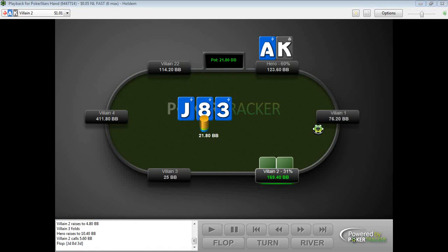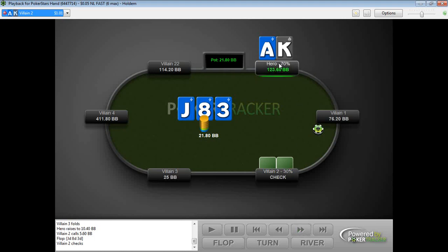We also have a backdoor straight draw if a 10 and a queen come out. We don't expect him to have a set of 8s. He could have a set of jacks, but again, we can improve and beat his set of jacks. We don't expect him to have a set of 3s or any 2-pair. So pretty good board for us here, definitely a board that we're going to want to see bet.